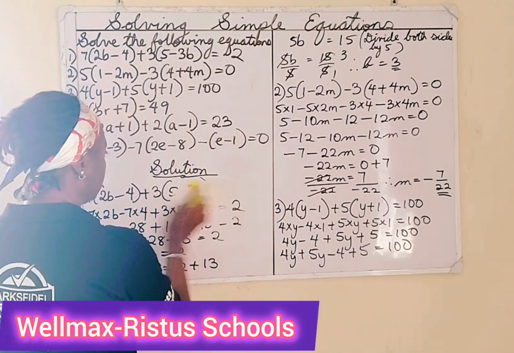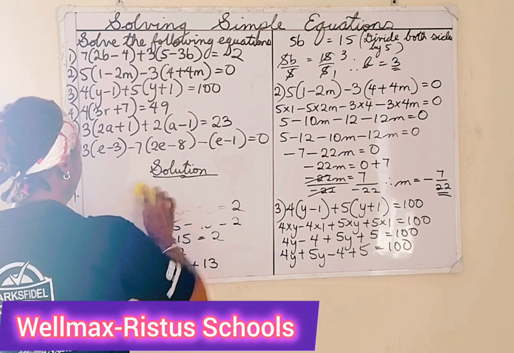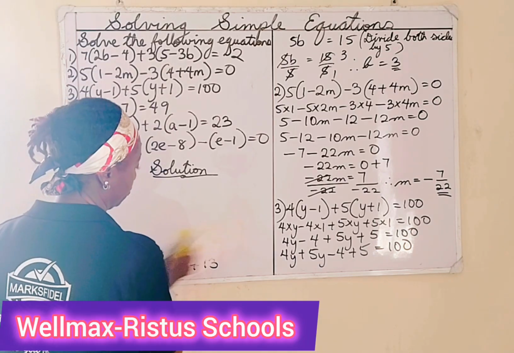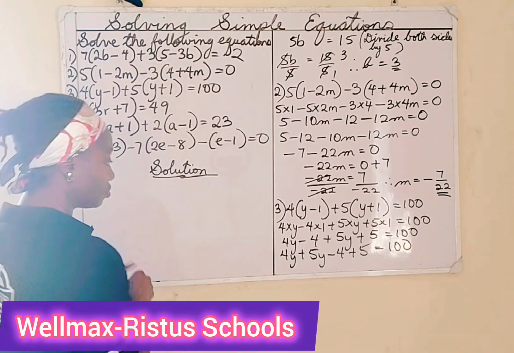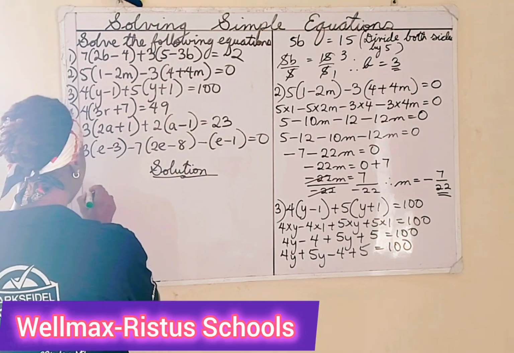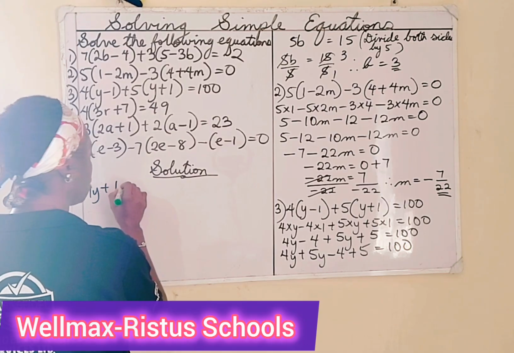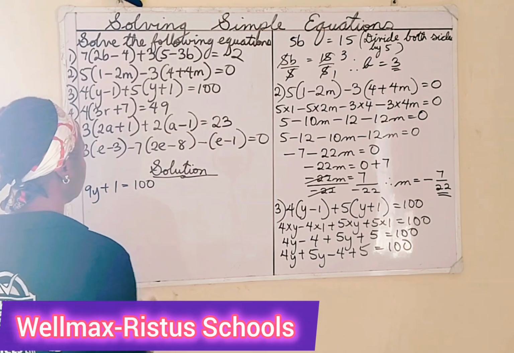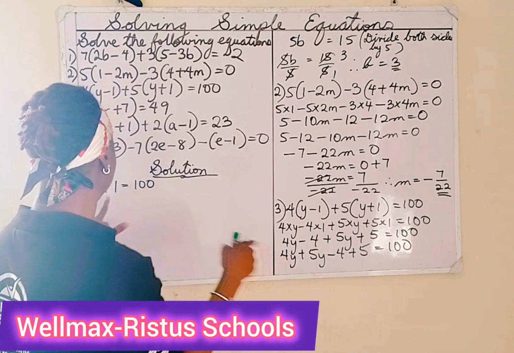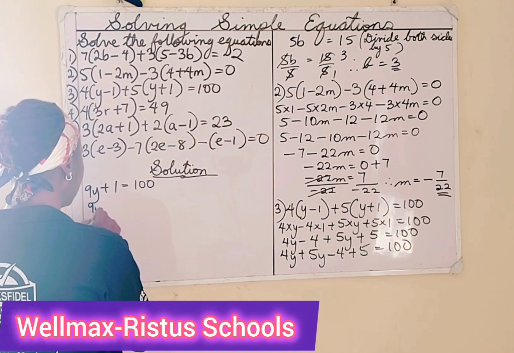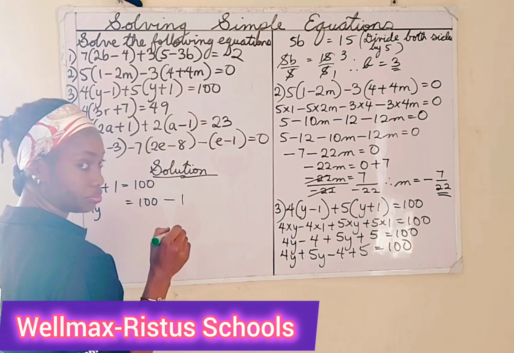Alright, so from there, we would have 9y plus 1 equals 100. Now this plus 1 needs to move over to the other side, and it becomes 9y equals 100 minus 1.